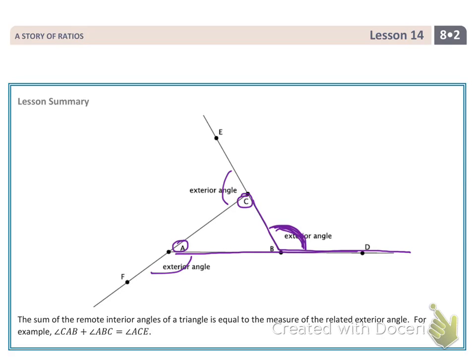We're going to do lessons 15 and 16, which are going to be a proof of the Pythagorean theorem, but none of that will be on the end of module assessment. So once you've completed lesson 14, you can either go on and do 15 and 16 and then do your end of module assessment, or you can do the end of module assessment right away. Okay, good luck with all of this, and we'll see you back for the Pythagorean theorem.